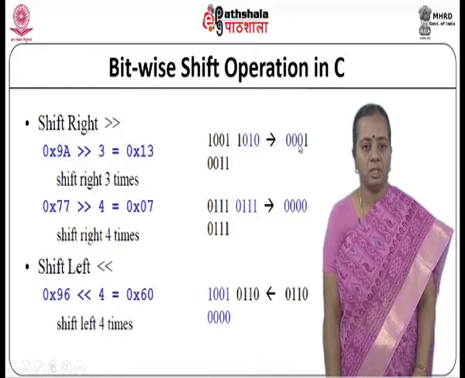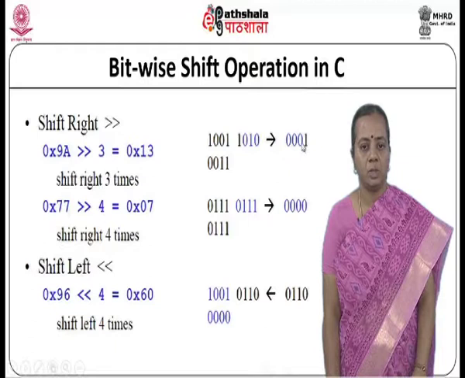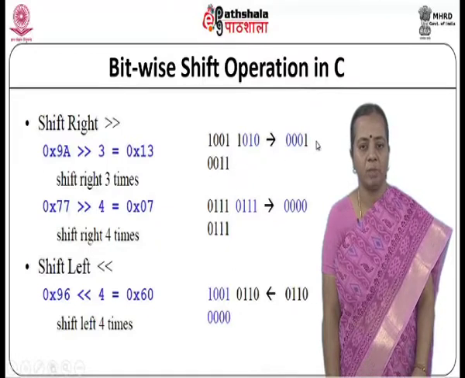So you see 3 zeros first, after that 1 0 0 1 1. So 0 0 0 1 is 1, and the next value is 0 0 1 1. This is the next hexadecimal number which is supposed to be available at this particular position.